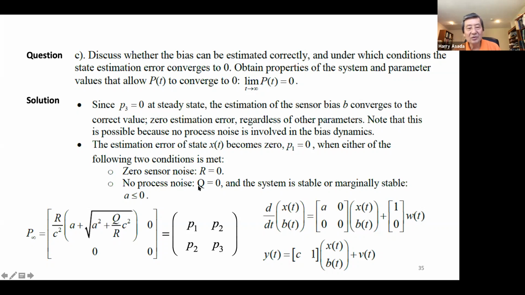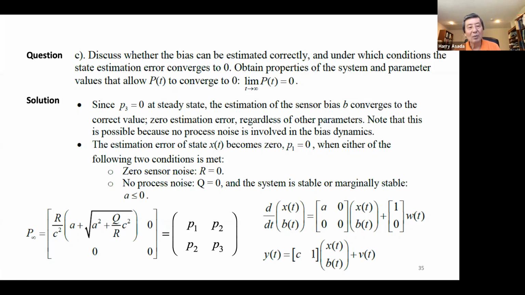The other is no process noise, Q equals 0, and the system is stable or marginally stable, A is negative or 0. So this is the case we discussed some time ago. The scalar case we discussed, and under what conditions it converges to 0 or not. The same argument can be made here. So that's all we can say about this.